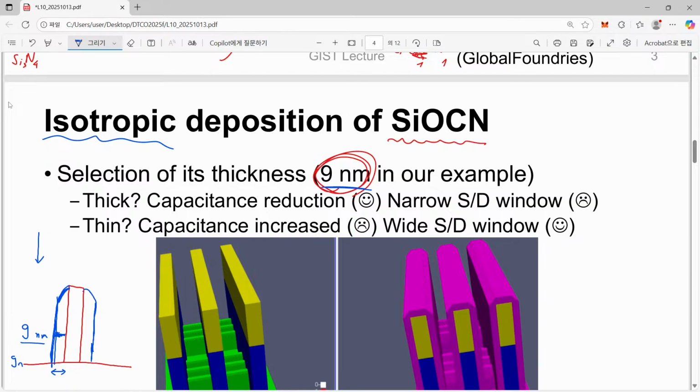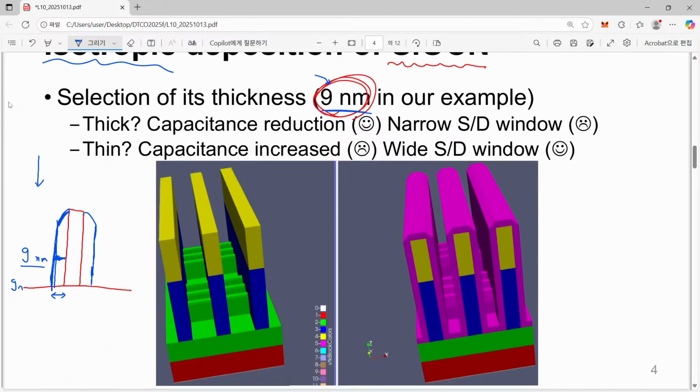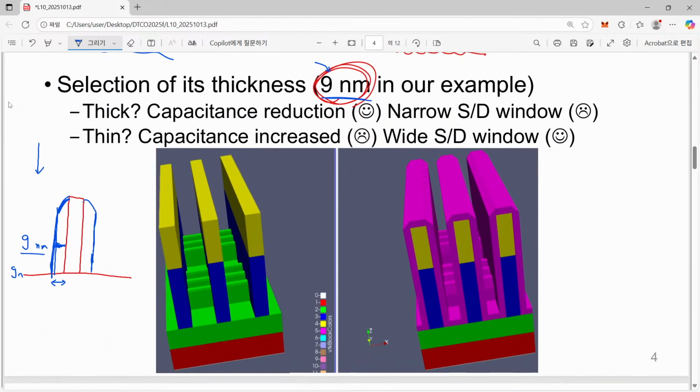So whether we make the exact 9 nanometer at the beginning, that doesn't matter. The important point is the final shape should have 9 nanometer. So that is done by repeated experiments. So please understand, this is just a rough sketch and the actual condition should be calibrated.